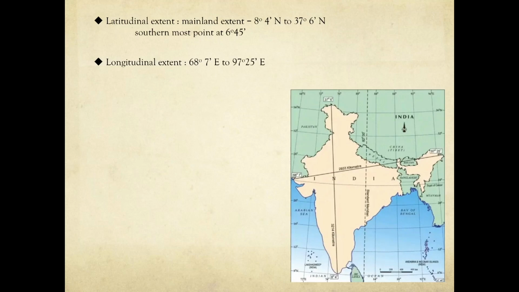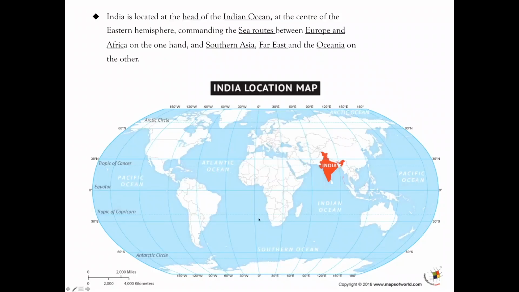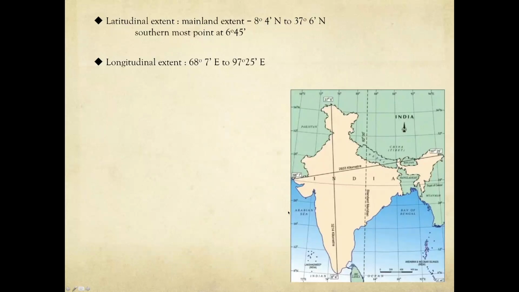If we divide the entire world into two half parts with the help of the equator, then the upper half will be known as the northern hemisphere and the lower half will be known as the southern hemisphere. So India lies entirely in the northern hemisphere.